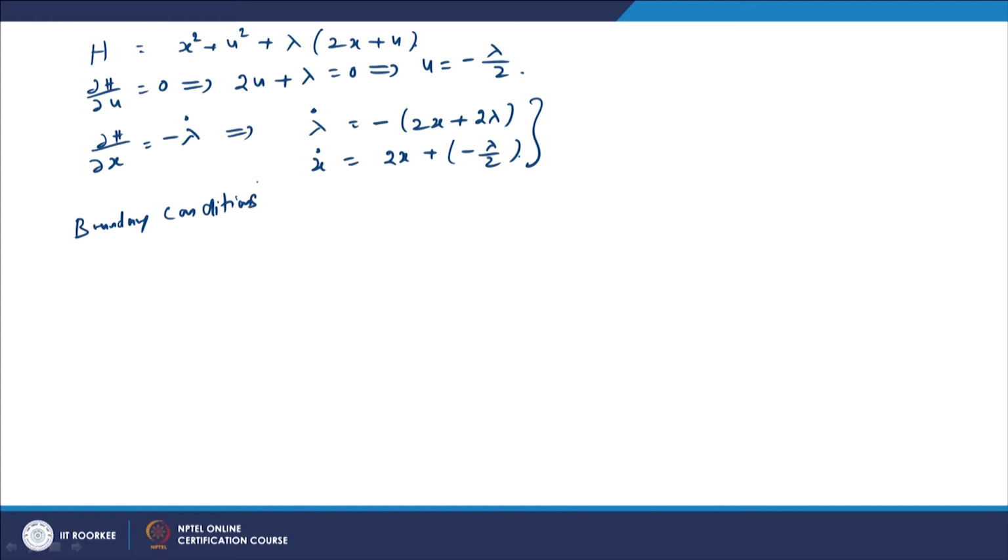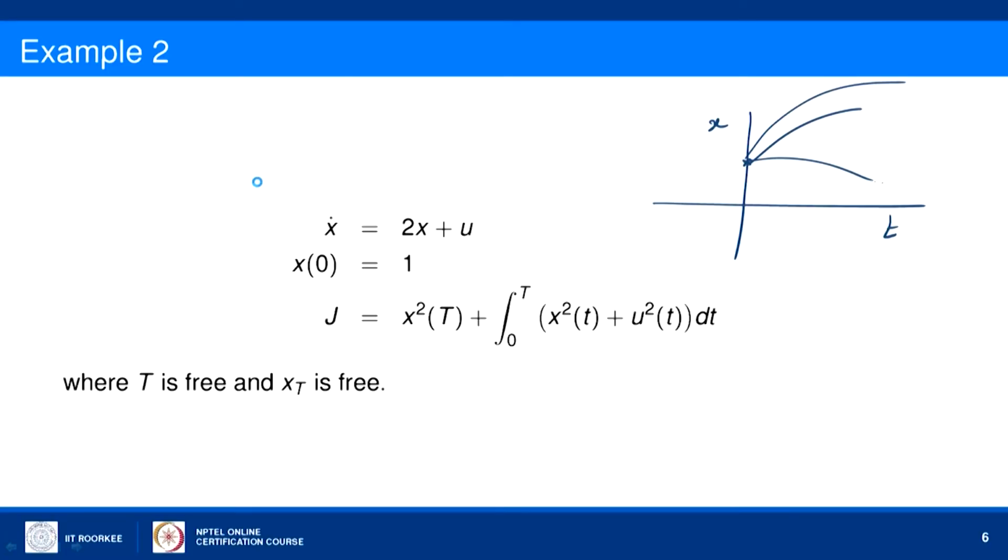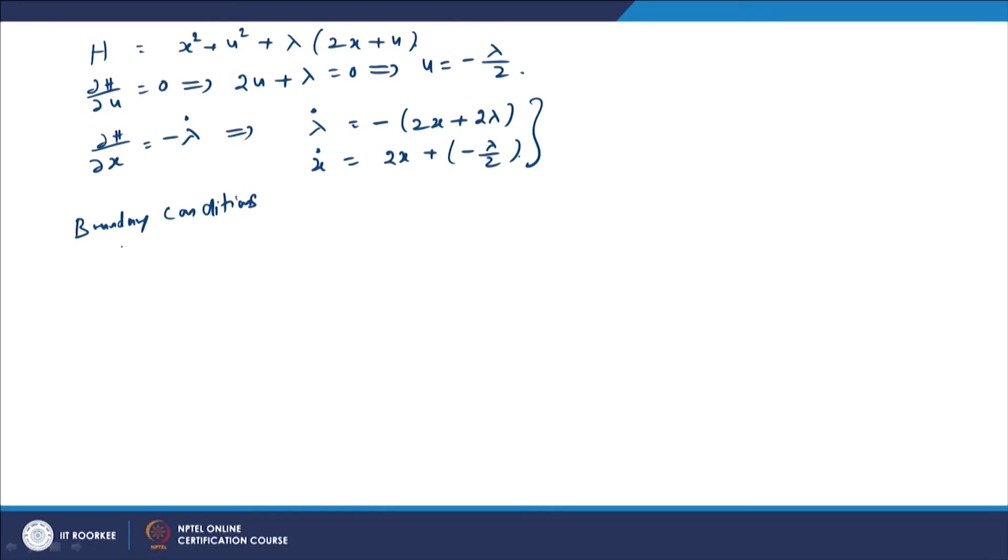The boundary conditions: the first is x of 0 equal to 1, that is given. Other conditions are h plus del S by del t at capital T equal to 0, and del S by del x minus lambda at capital T equal to 0, because both capital T and the final position are free.